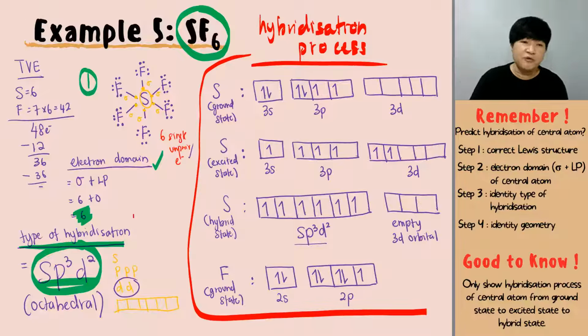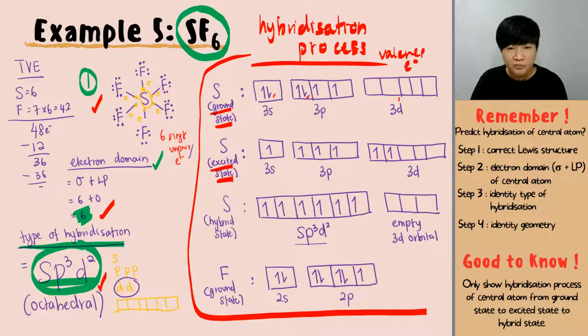Moving all the way from your Lewis structure to the electron domain to the type of hybridization, and then starting from your hybridization process of the ground state, just the valence electrons in the sulfur. Moving to the excited state where the electrons will be excited into the higher energy orbitals.